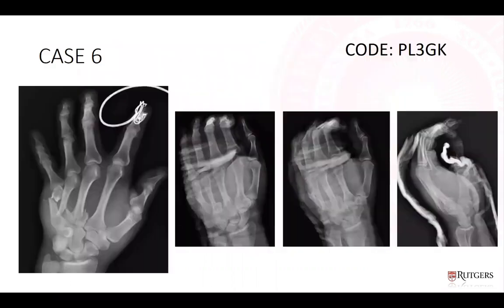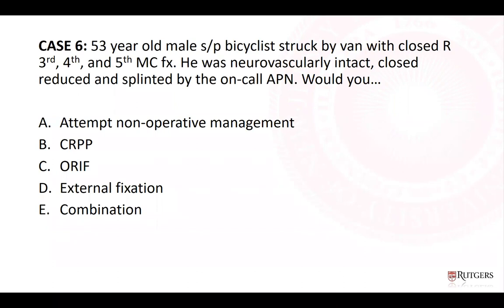This last case, we'll just go through so I can get to the meat of the talk. Bicyclist struck with 3rd through 5th metacarpal fractures. Neurovascularly intact, closed, reduced, and splinted by the on-call APN.